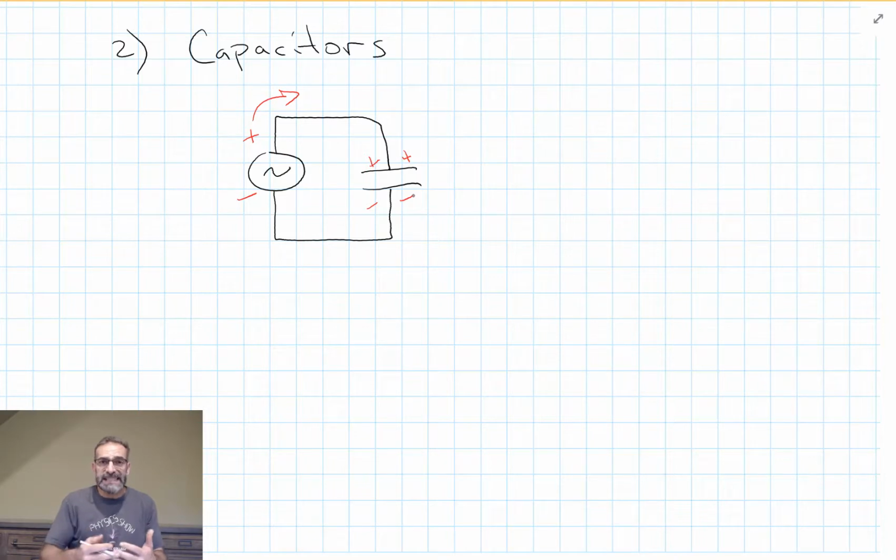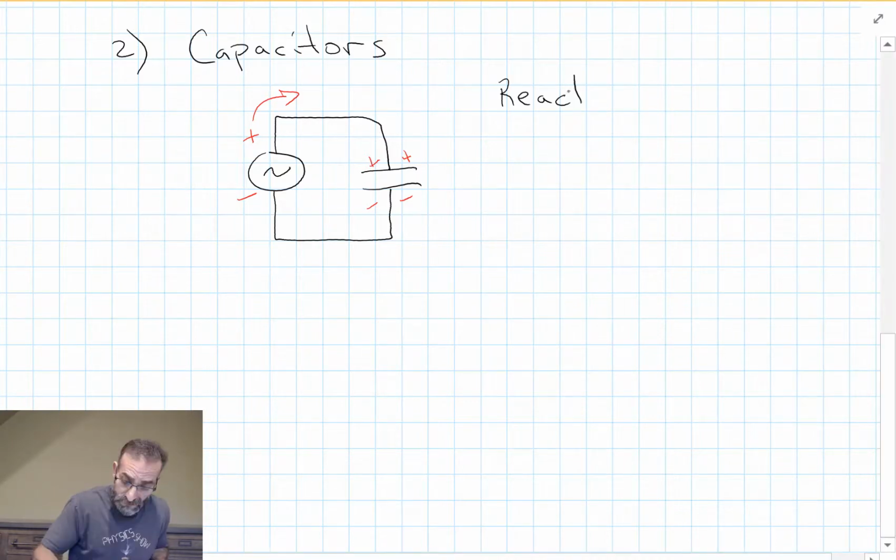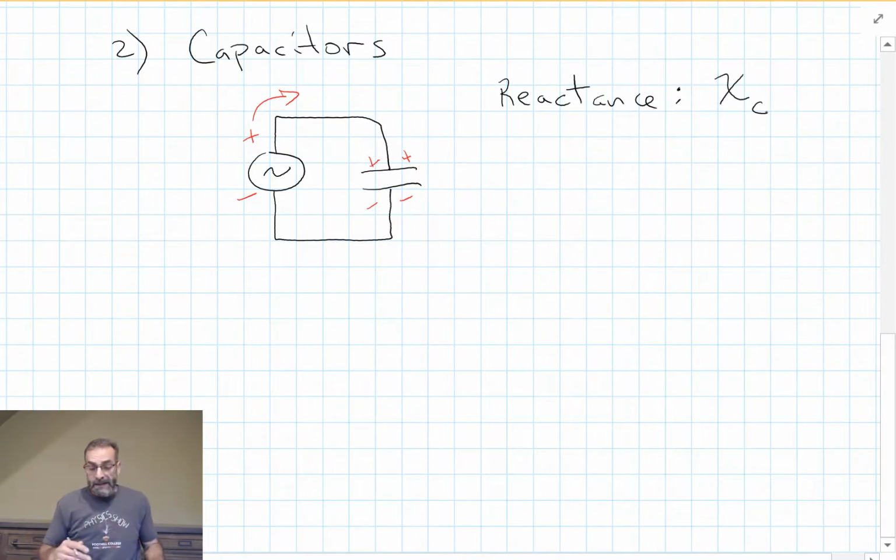But because it's a different mechanism that hinders the flow of charges through the circuit, we don't call it resistance, we call it reactance. So it's very much like resistance as far as the flow of charges is concerned. It's just a different mechanism.